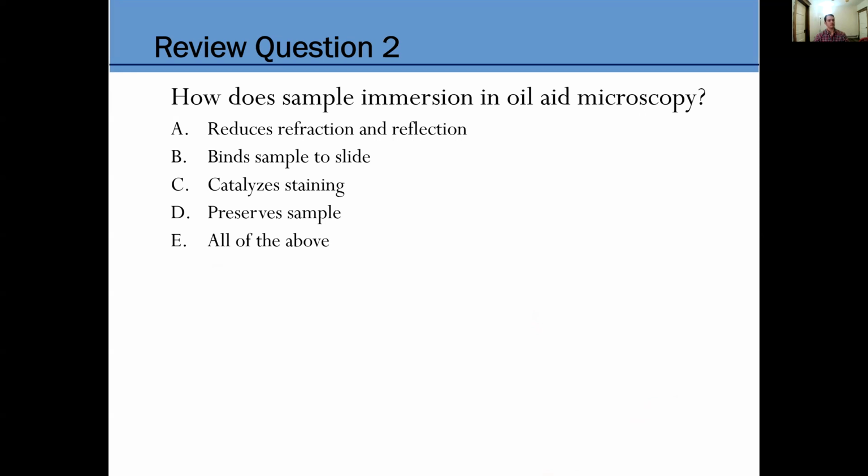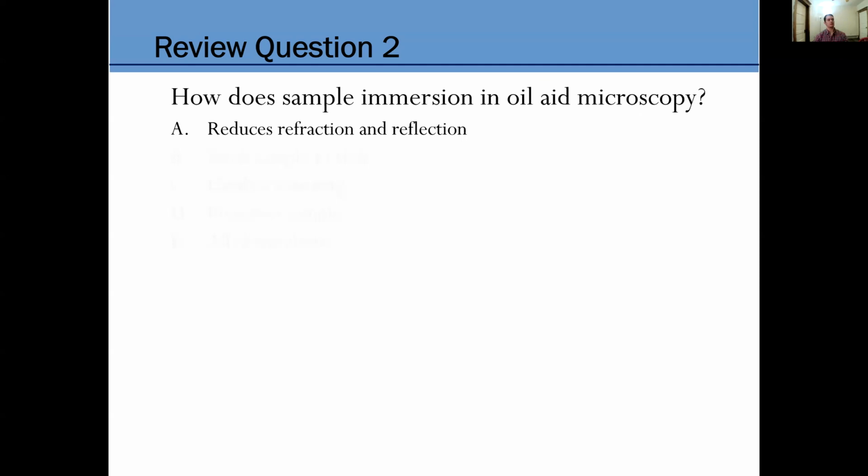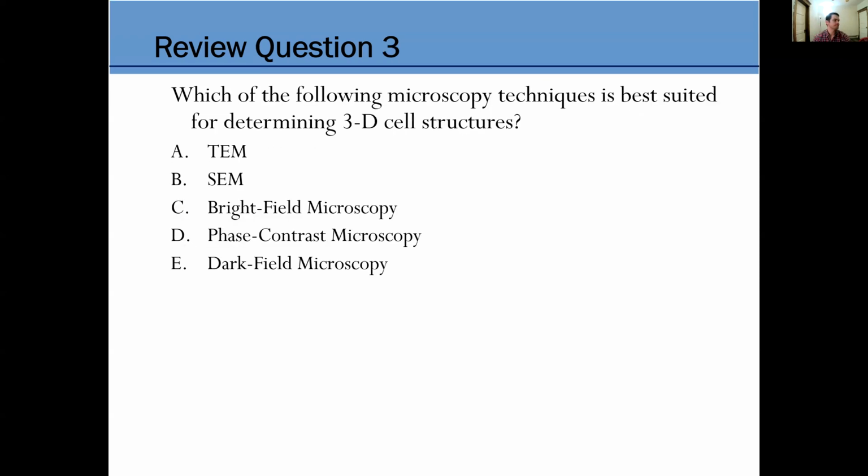Remember the picture that we looked at. Okay, moving on. The answer is, of course, it reduces refraction and reflection. Remember that it has a similar refractive index to the glass. Thus, when the light moves from the glass to the oil, it doesn't get refracted completely away to the side. It passes straight through into the lenses.